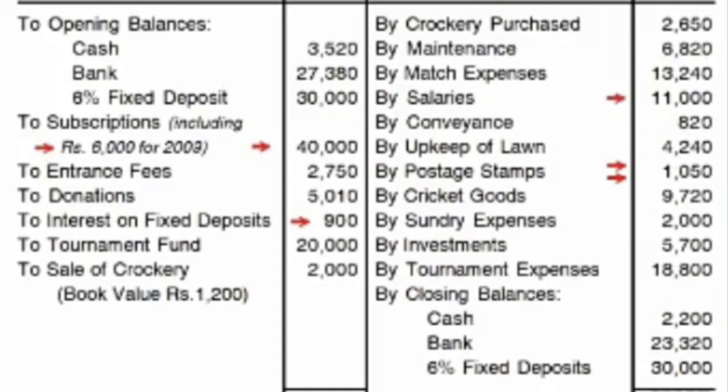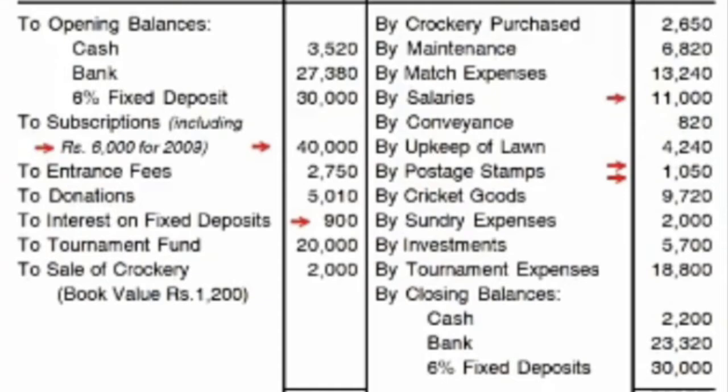Next item, sale of crockery, rupees 2,000. Book value is 1,200. Here we have 800 rupees profit. We got profit 800 rupees. This we can record in the income and expenditure account by profit on sale of crockery 800.